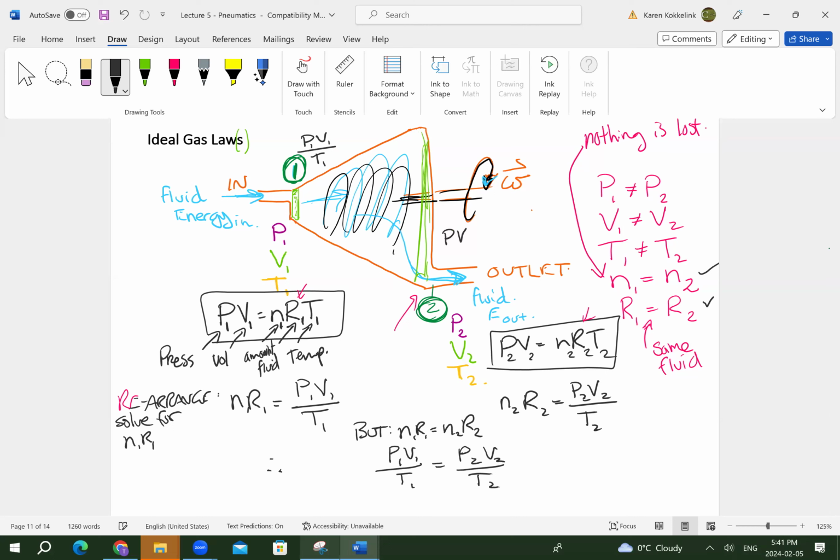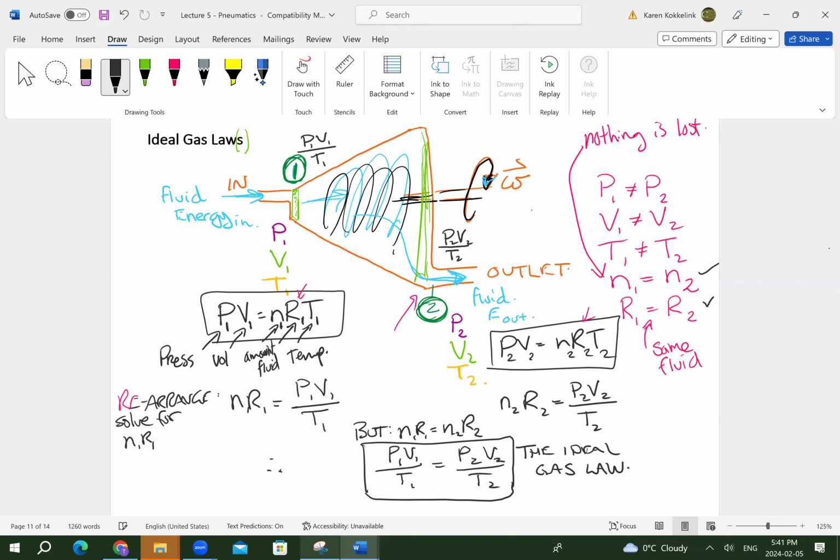Pressure times volume times the reciprocal of temperature relates in this manner here. And the scale at which they relate, the ratio at which they relate, are equal to one another. So this is actually the ideal gas law. And I'm confident enough to say this is the ideal gas law.